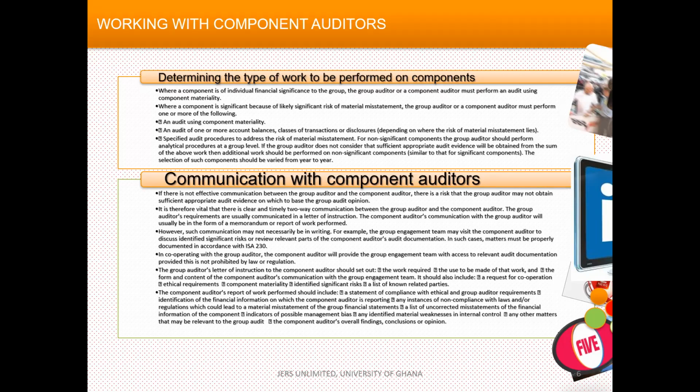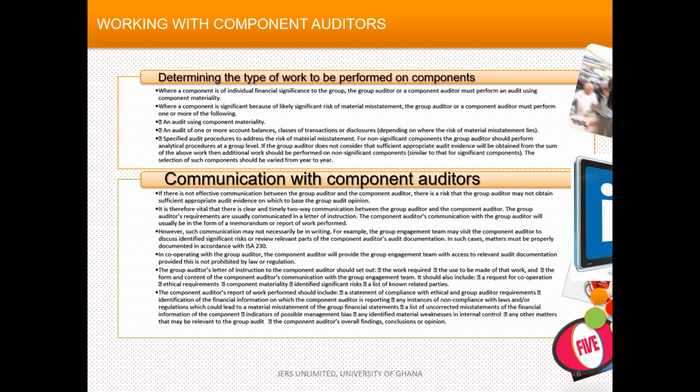If the group auditor does not consider that sufficient appropriate evidence will be obtained from the sum of the above work, then additional work should be performed on non-significant components.